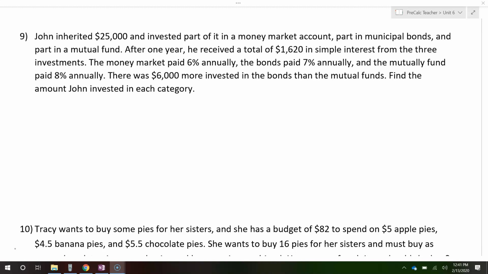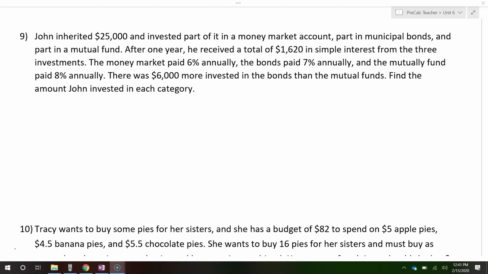After 1 year, he received a total of $1,620 in simple interest from the three investments. The money market paid 6% annually, the bonds paid 7% annually, and the mutual fund paid 8% annually. There was $6,000 more invested in the bonds than the mutual fund. Find the amount John invested in each category.